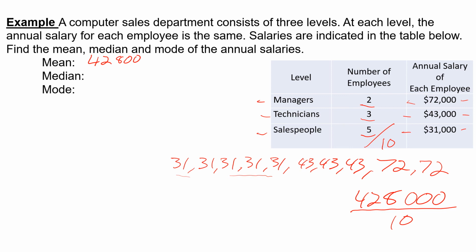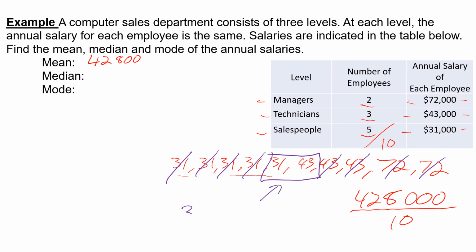Our median is our middle number. I'm going to switch to purple. We're looking for the middle number, so I'm going to cross off the biggest and then the smallest, the next biggest, the next smallest, and so forth. Since we have an even number, we have two middle numbers right here, 31,000 and 43,000, so I have to take the average of these two.